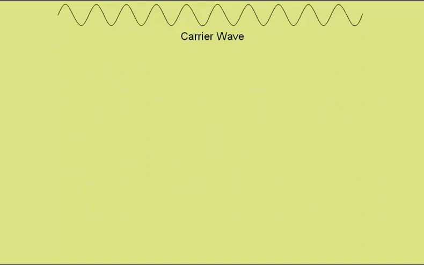The two main ways this is done is by altering the amplitude of the carrier wave or the frequency of the carrier wave. We'll look first at the method of altering the amplitude. Here we have the high frequency carrier wave and the much lower frequency signal that we want to transmit.